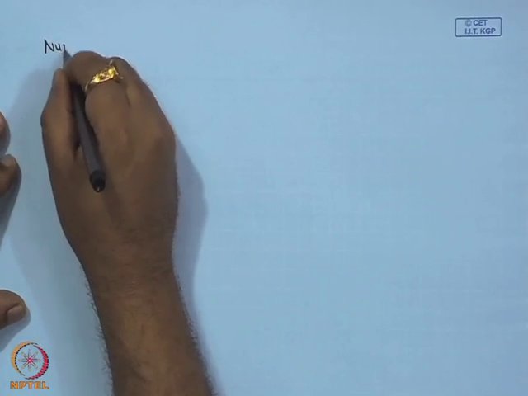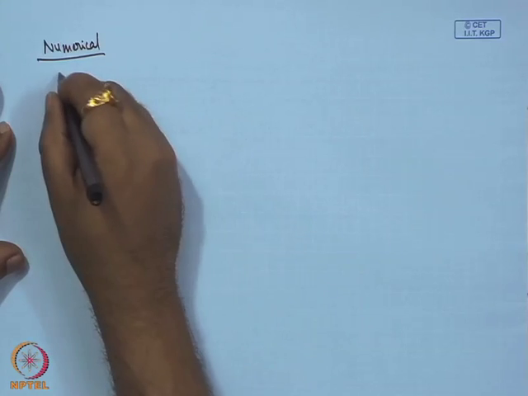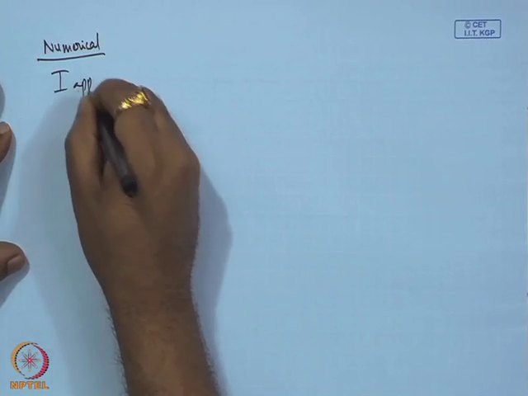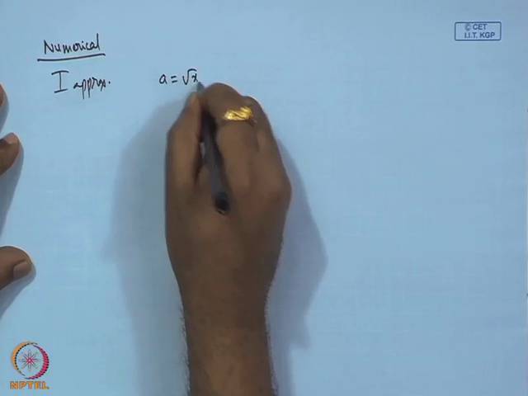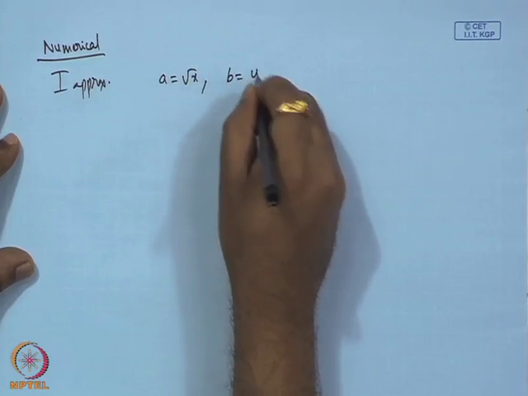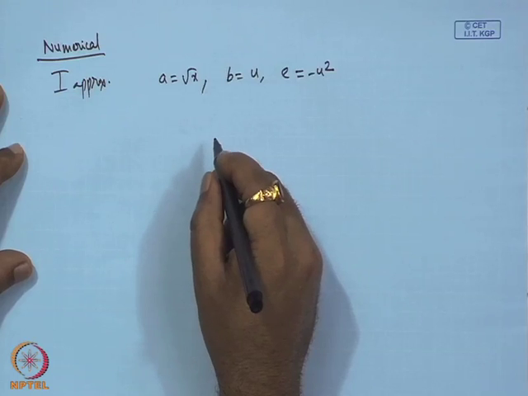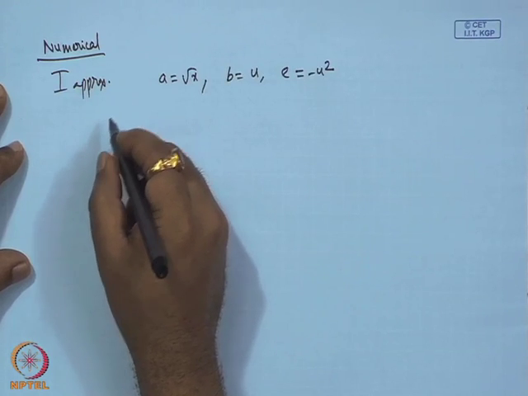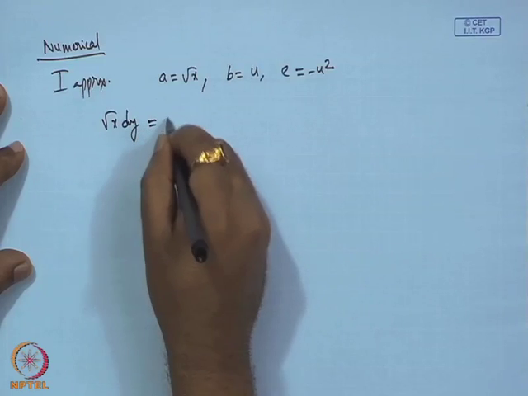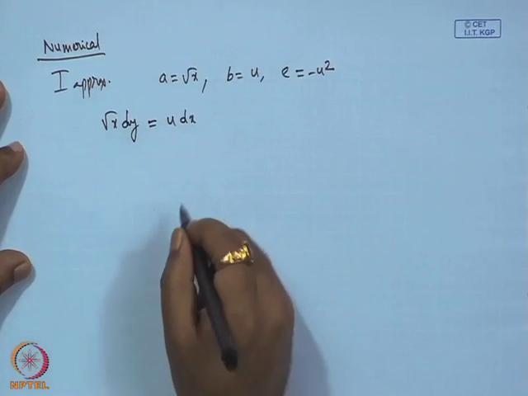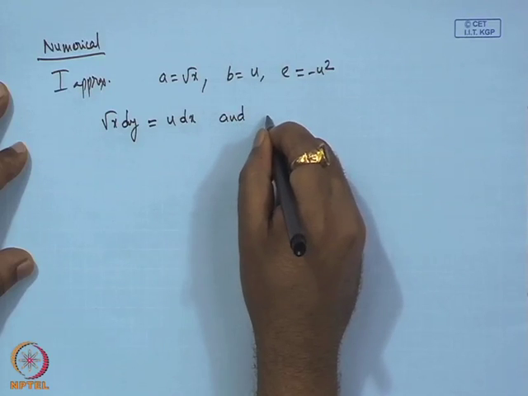So, now let us see the numerical. First approximation. A is this, B is this. Then consider the characteristic solutions, this.